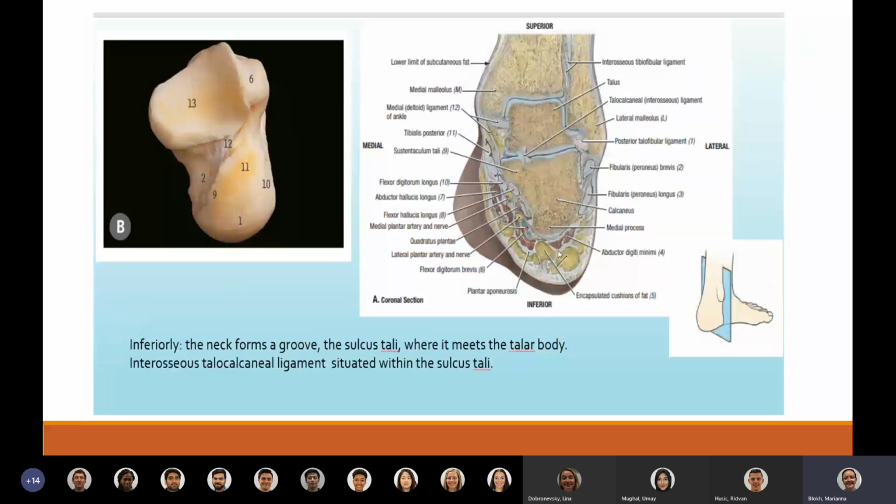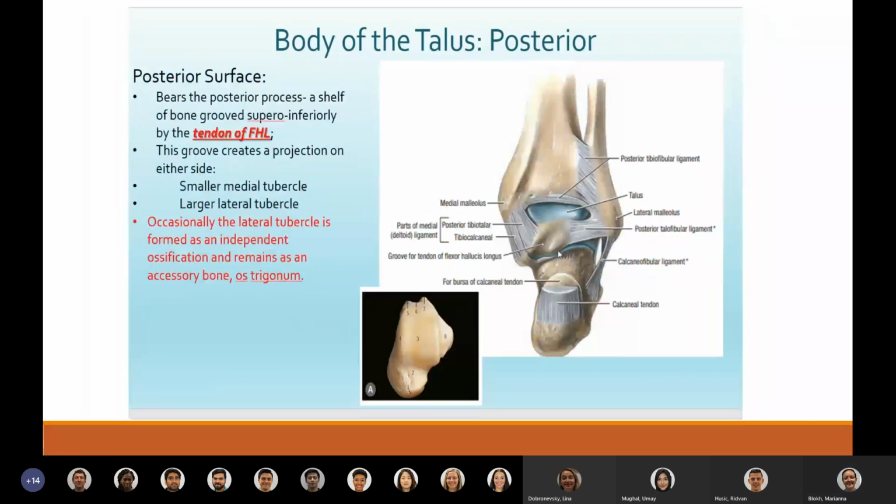Also, something very important to note is that posteriorly, the ankle joint and the subtalar joint are very, very close to each other. So basically, the only thing that separates that space posteriorly is the ankle joint, which finishes somewhere here.